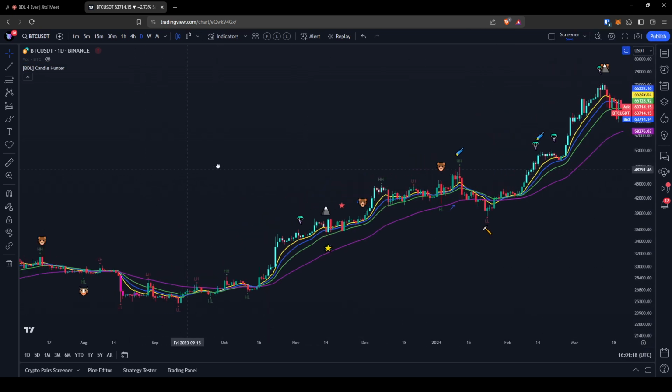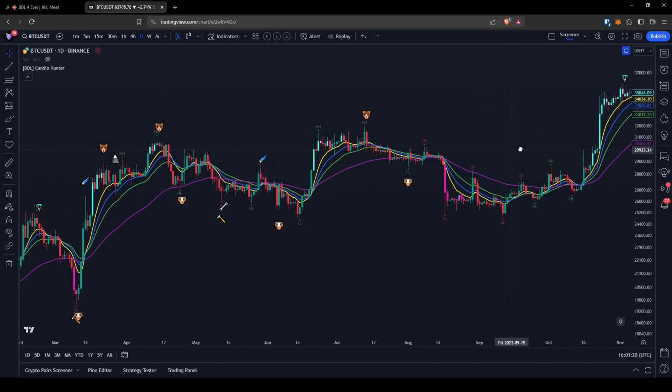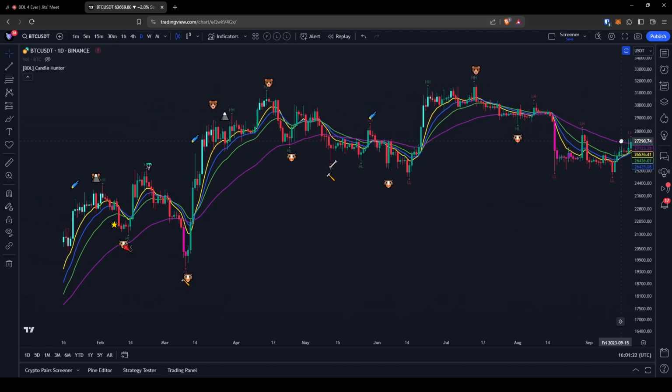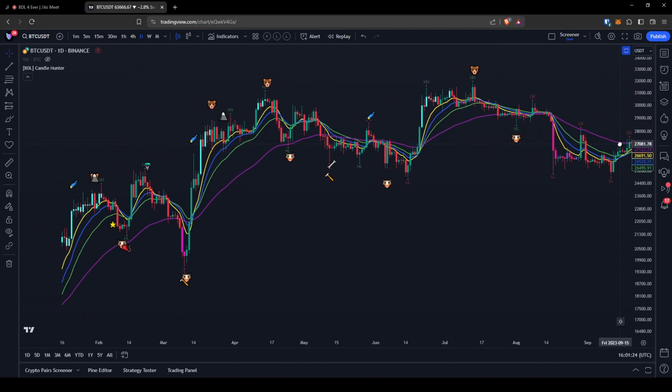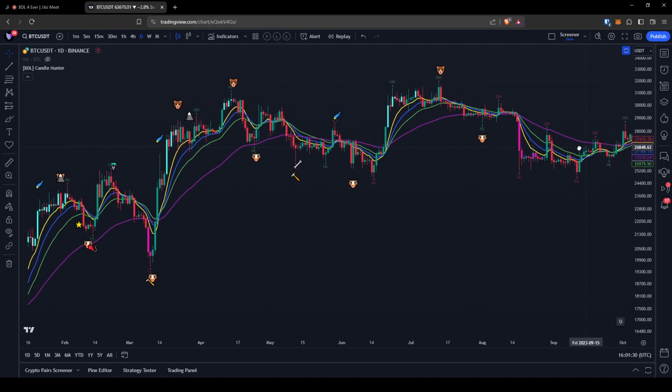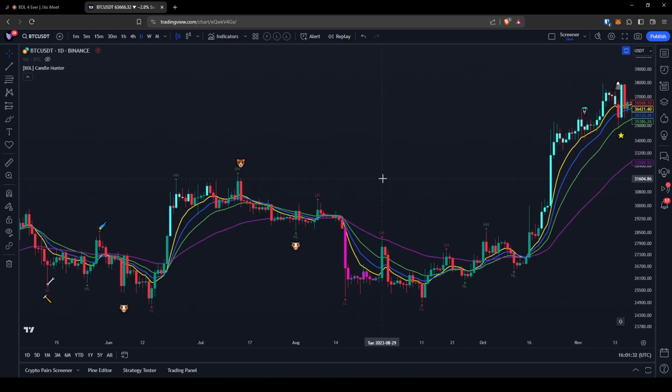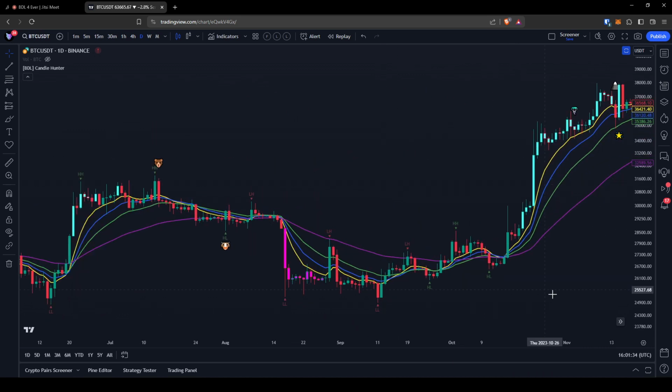I learned this from the Eric Crown technical analysis course because Eric Crown really loves to use the 8, 13, 21, and 55. They also come in line with important Fibonacci levels, and you can see that on a lot of time frames, price respects those EMAs. You can just check for yourself.